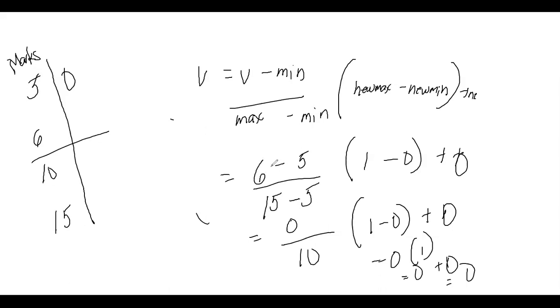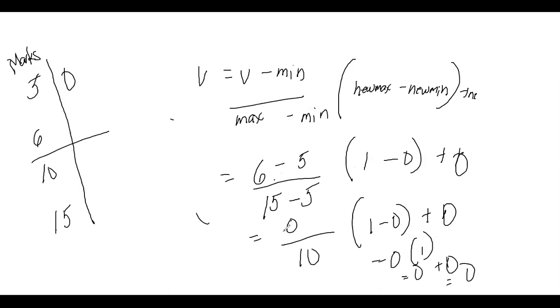So 6 is our value. 6 minus 5, and then plus 1 minus 0 plus 0. So our formula is still the same. Let's just transform the value into the new mark.